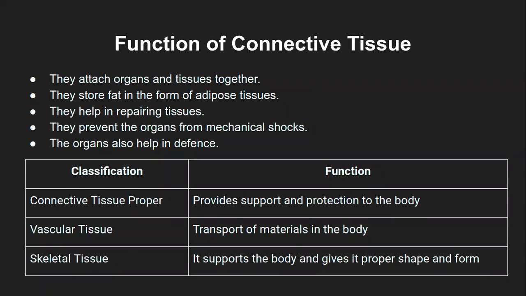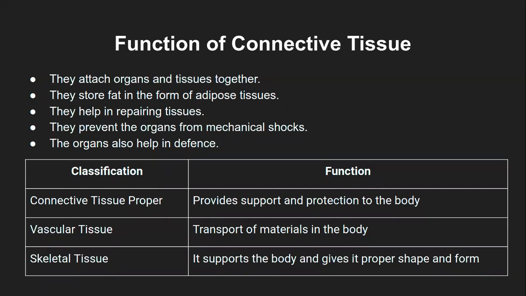So these are the functions, in terms of classification based on function. Connective tissue proper, which is the original connective tissue, just provides support or protection to the body or the organs. Vascular tissue is responsible for transport of materials in the body, and is made up of connective tissue.